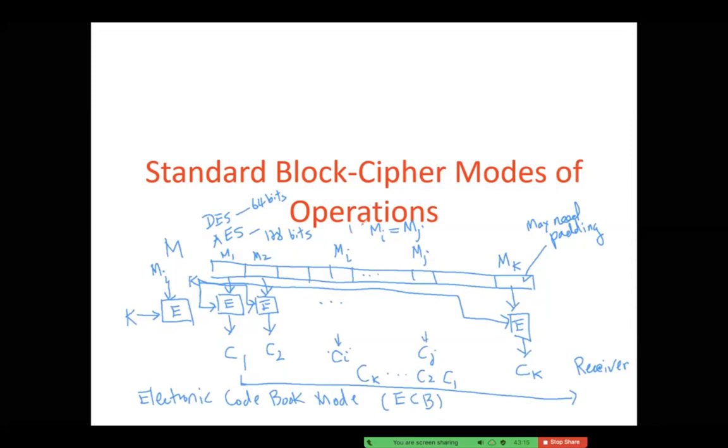So if MI is equal to MJ, then CI is equal to CJ.